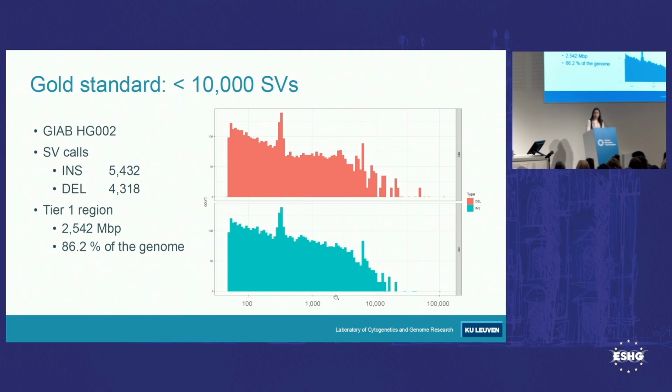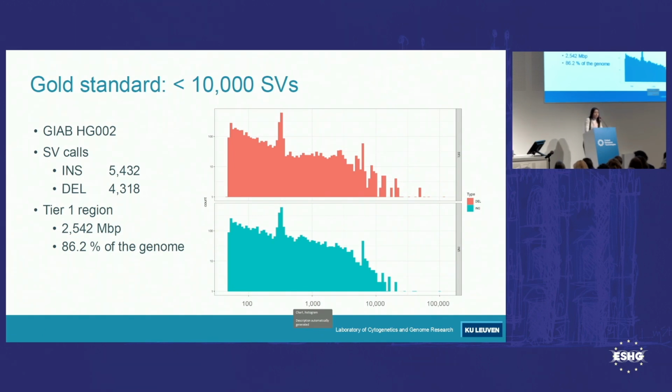I also plotted here for your information the distribution of structural variants, so insertions and deletions by length, just to pinpoint the fact that most of the structural variants that are included are short structural variants. And also, you only have insertions and deletions, meaning that variants such as translocations and inversions cannot be assessed with the current gold standard.